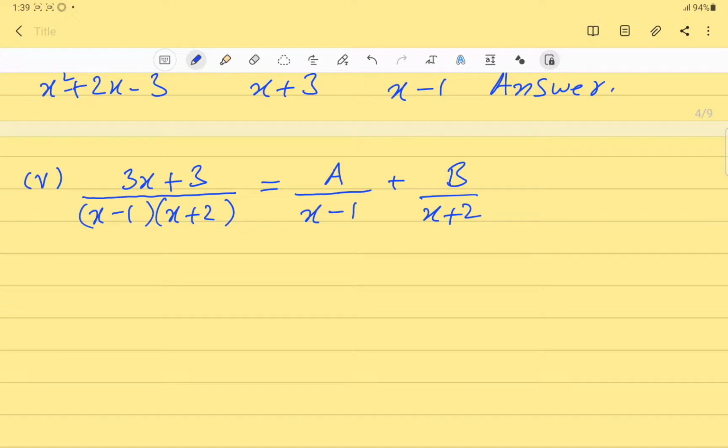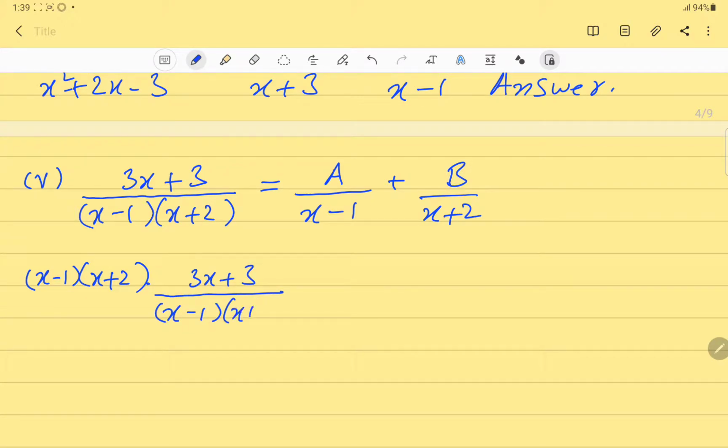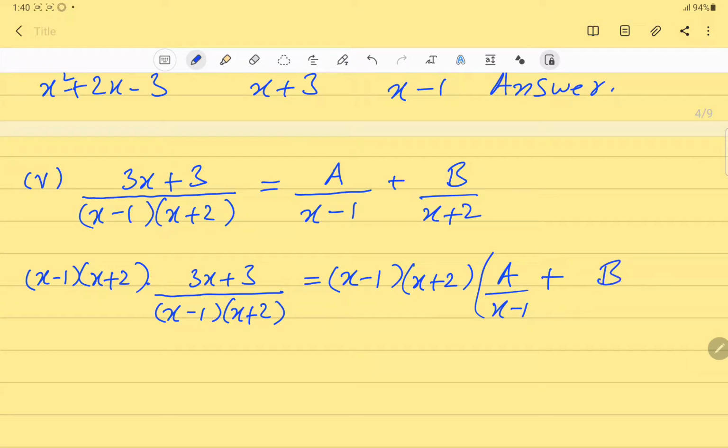Now we will multiply both sides by x minus 1 into x plus 2. x minus 1 into x plus 2 multiplied by a over x minus 1 plus b over x plus 2.